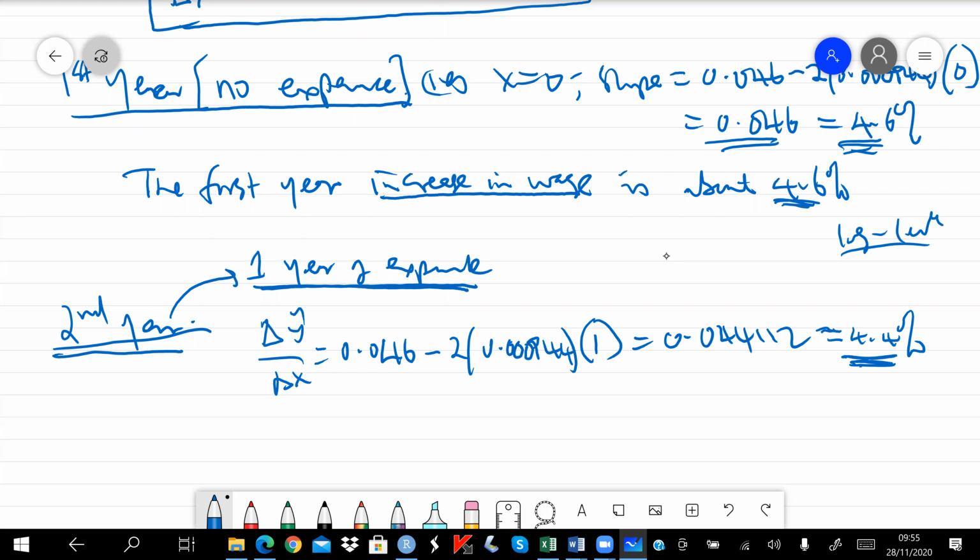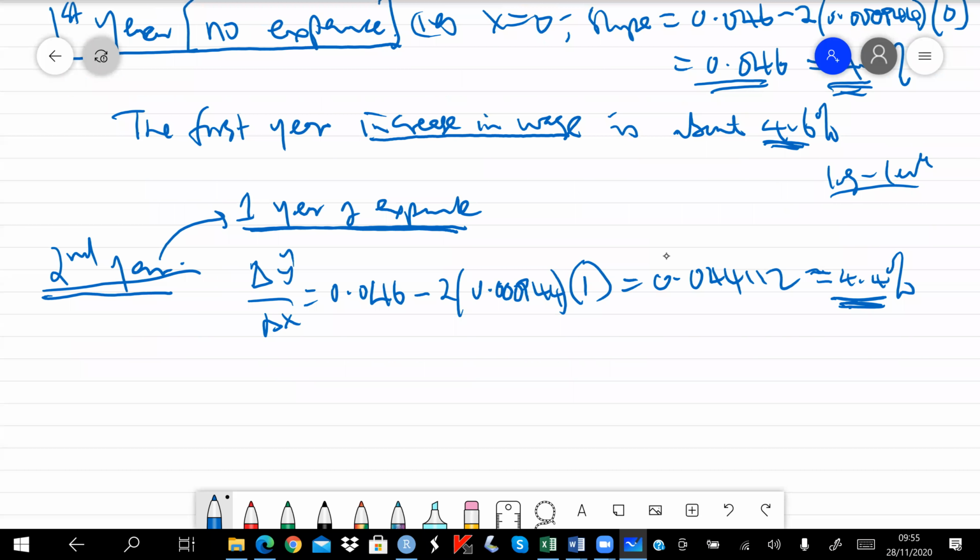So you can do it for someone who is in their third year, or someone who has 2 years of experience. During the third year, this is when x is equal to 2, someone who has 2 complete years of experience.